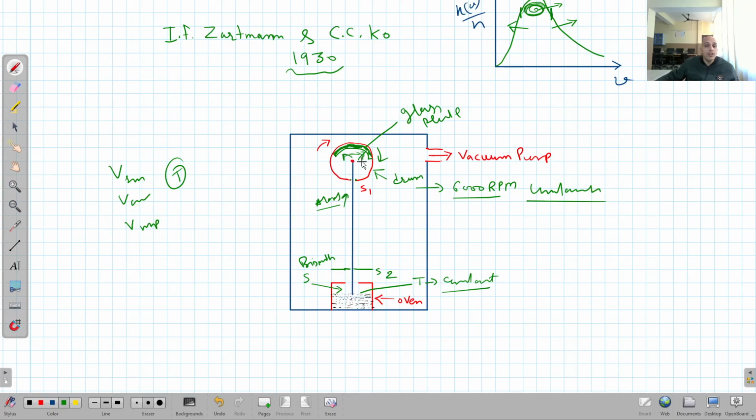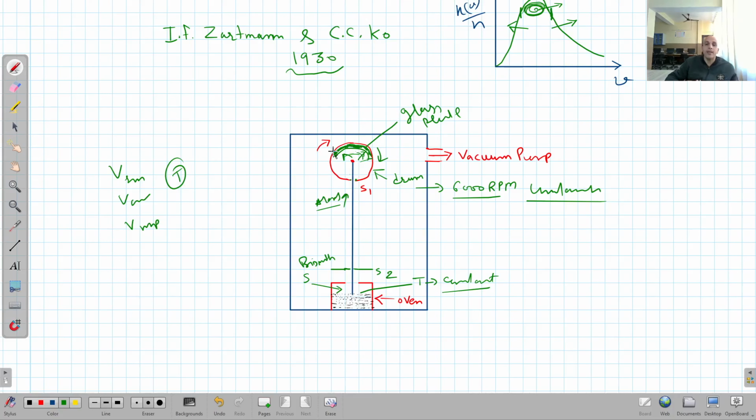All those atoms which are fast will get deposited toward the right side of this drum, whereas all those atoms which are very slow will get deposited toward the left side of this drum. So this is the very simple way of collecting the atoms at this glass plate of the rotating drum.